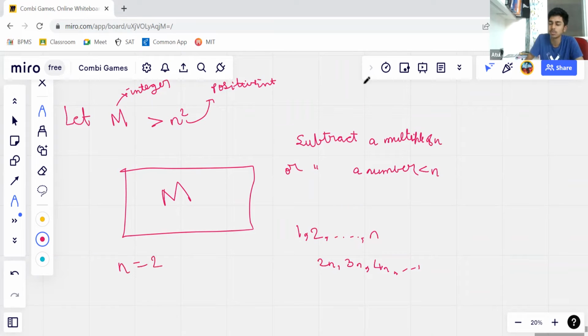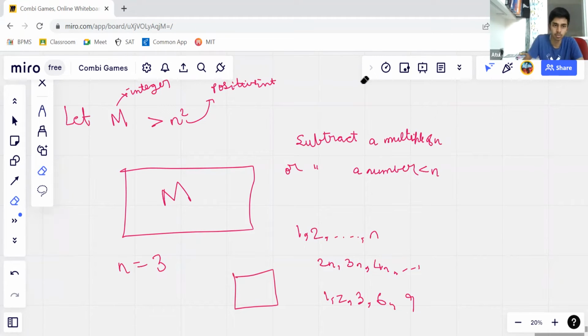For example, suppose n was 2. n is 2 is a terrible small example. Suppose n is 3 and we begin with the number 11 on the board. Then you're allowed to subtract anything like 1, 2, 3, 6, 9. So if the first player subtracts 9, then we replace 11 with 2.